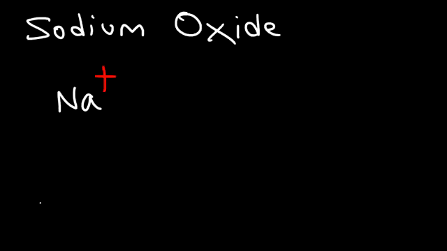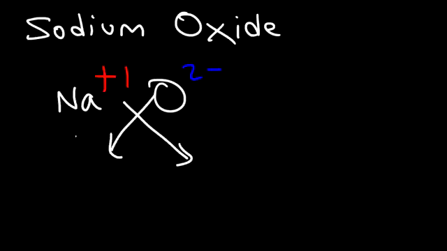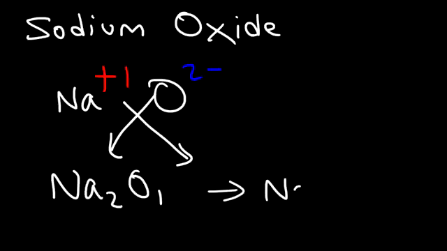So we have the element oxygen, and oxygen is a chalcogen in group 6A, so it's going to have a -2 charge. So using the method that we used before, we're going to swap the charges with subscripts. So it's going to be Na2O1 or simply Na2O. So this is the answer.